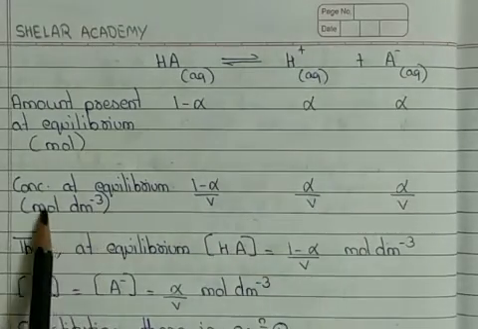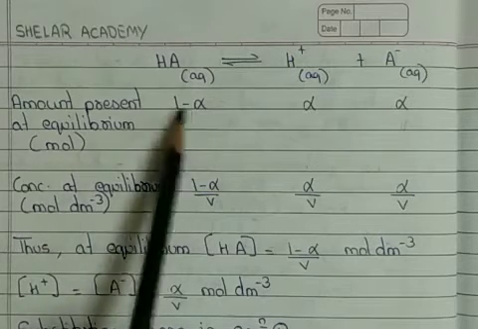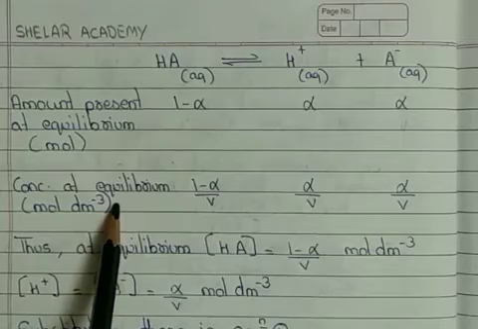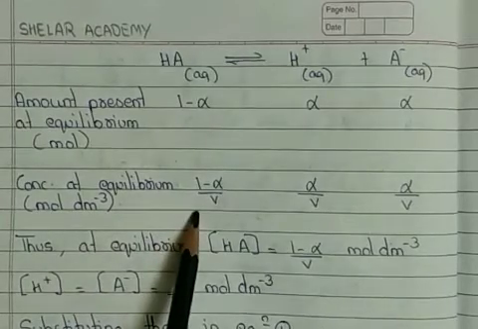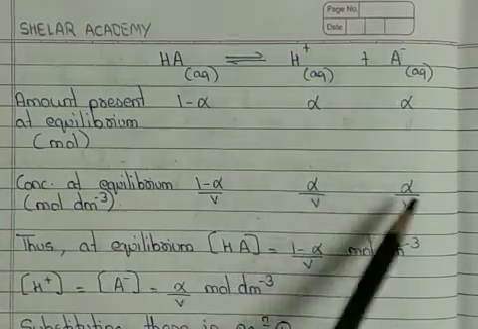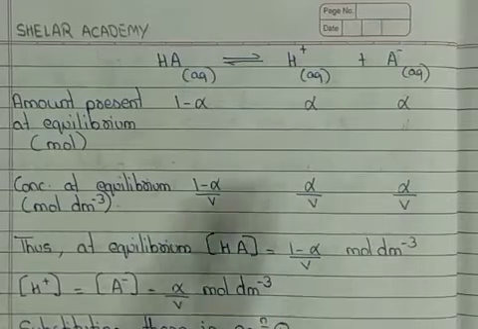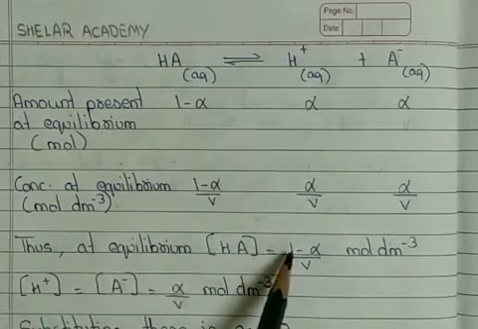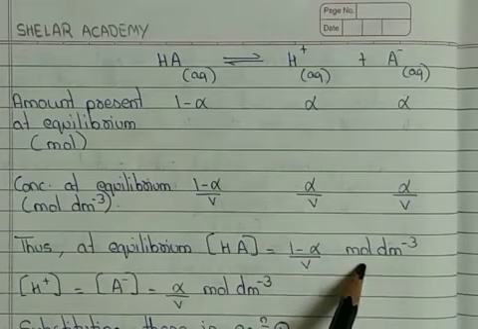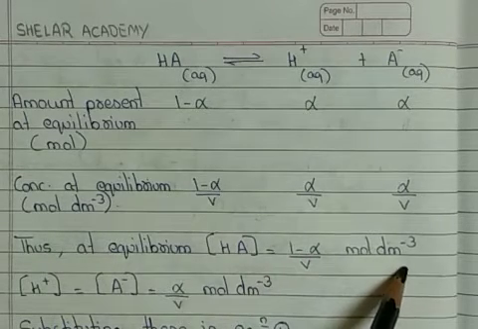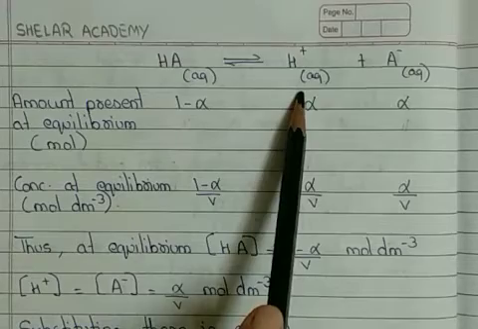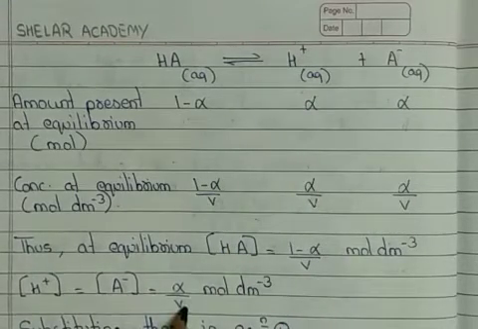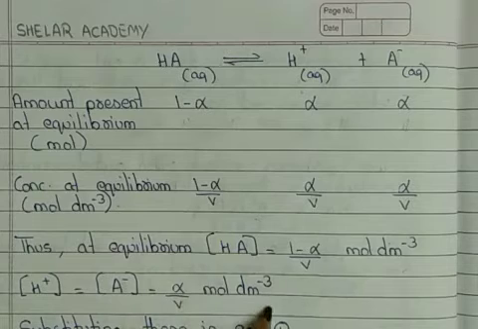If I write in terms of concentration, it will be moles upon volume, and volume is nothing but V. So the concentration at equilibrium will be 1 minus alpha upon V and alpha upon V. So at equilibrium, the concentration of HA is 1 minus alpha upon V mole per dm cube. Similarly, the concentration of H plus ion, which is also equal to the concentration of A minus ion, will be alpha upon V mole per dm cube.